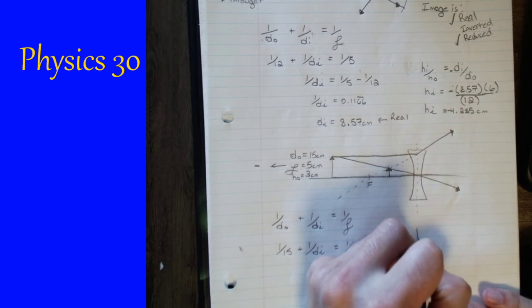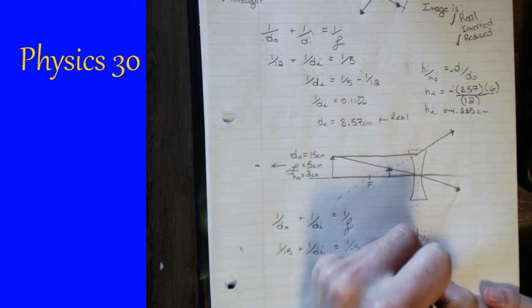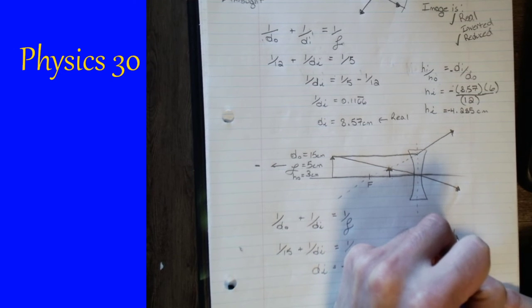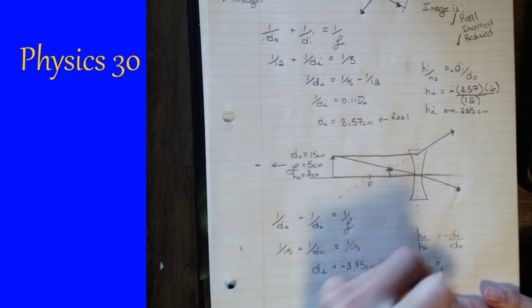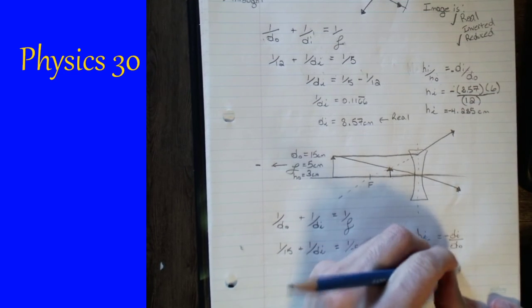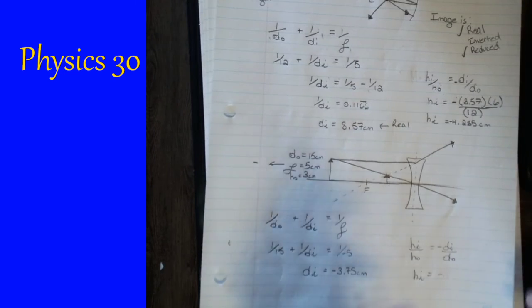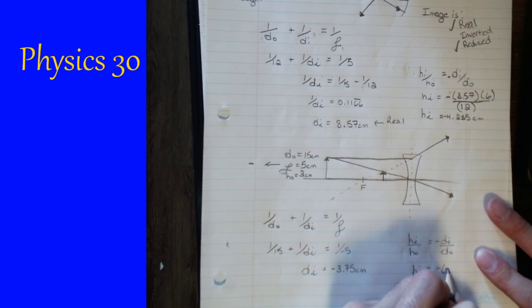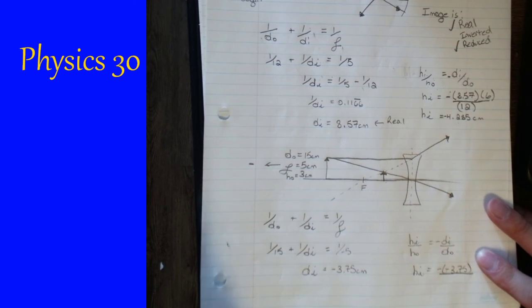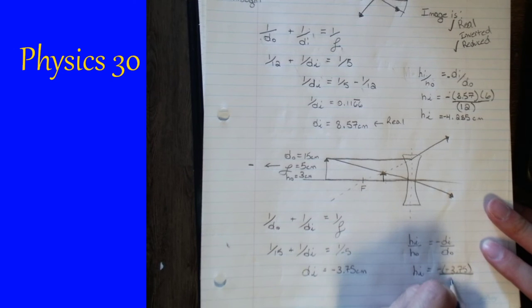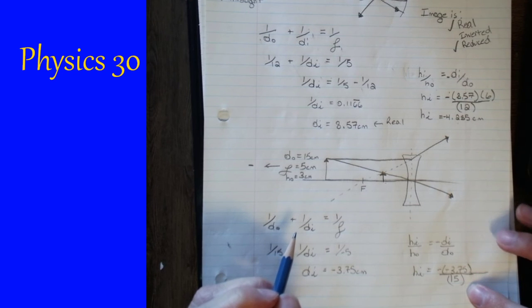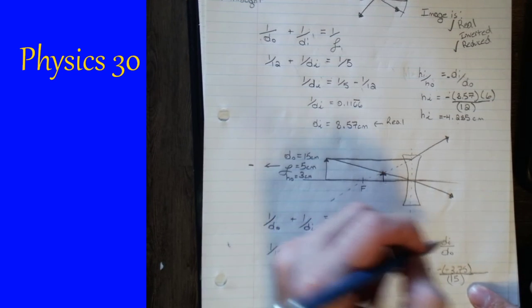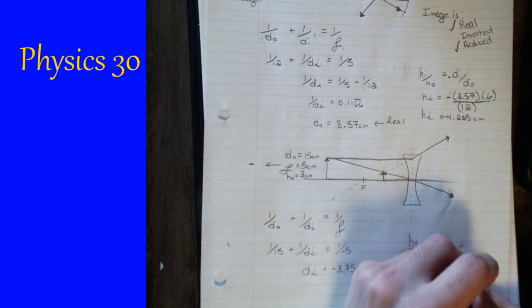Lastly, we have the magnification equation. The image height will be negative multiplied by negative 3.75 all over object distance of 15 and object height comes up here for 3.